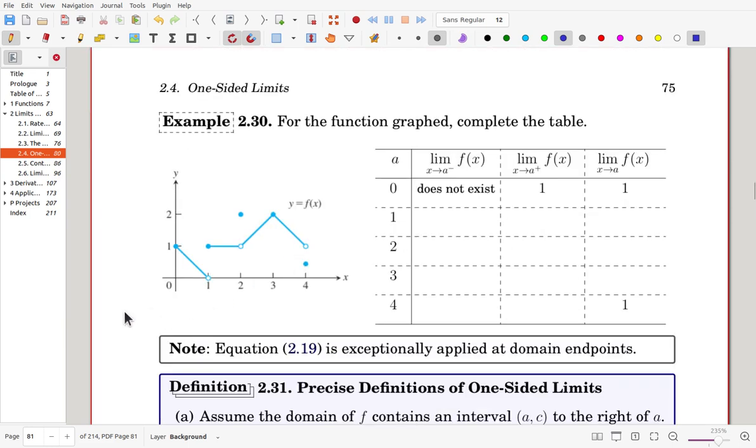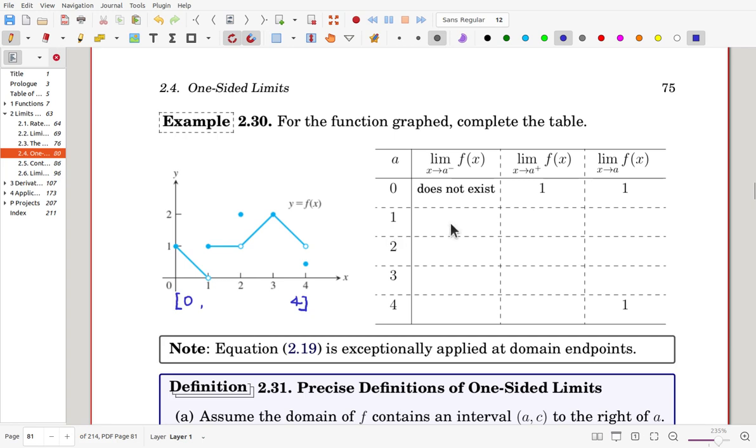Let's see this example. For the function given in the graph, the domain is from 0 to 4, including 0 and 4.